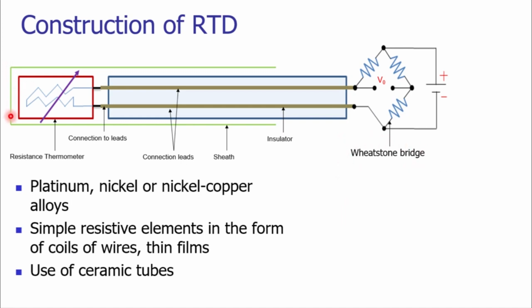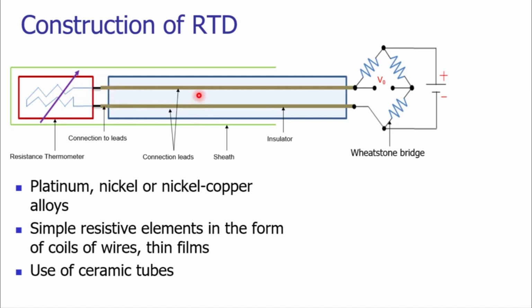The typical construction of an RTD can be seen on your screen. You can see this is the resistive element, which is made up of nickel, platinum or copper. This resistive element is connected to the leads.